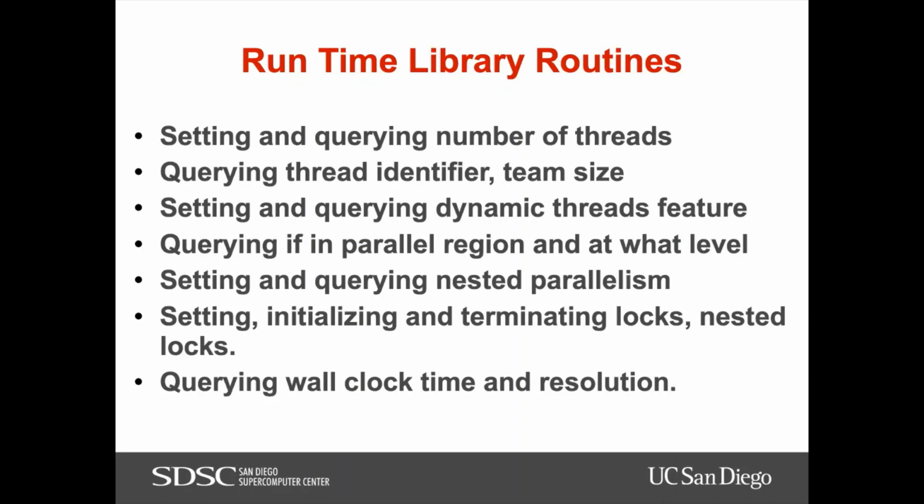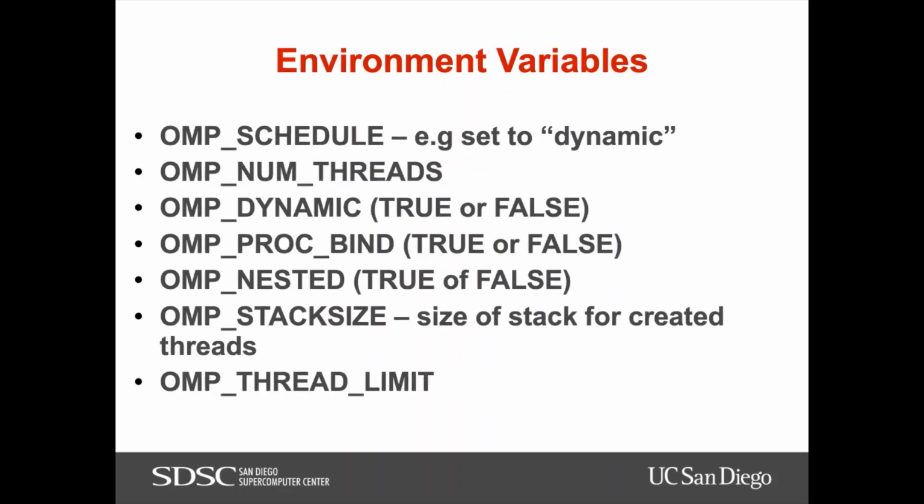So there are routines for doing these tasks, and some of these can be done using environment variables, which is what is on the next slide. So you can do OMP_SCHEDULE, OMP_NUM_THREADS, OMP_DYNAMIC true or false, OMP_PROC_BIND. This is an important one because it binds the threads.